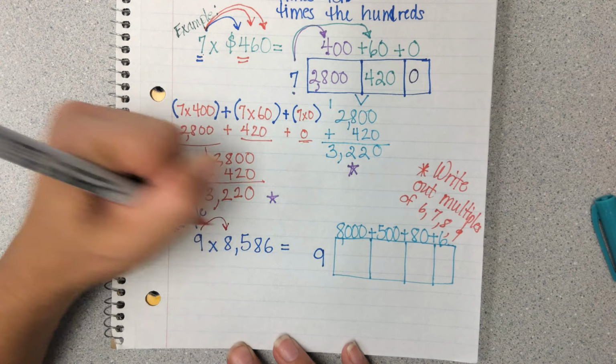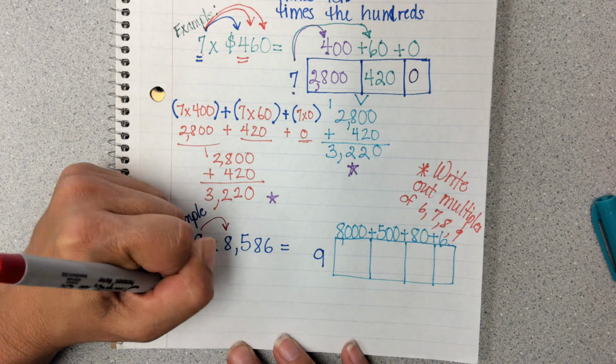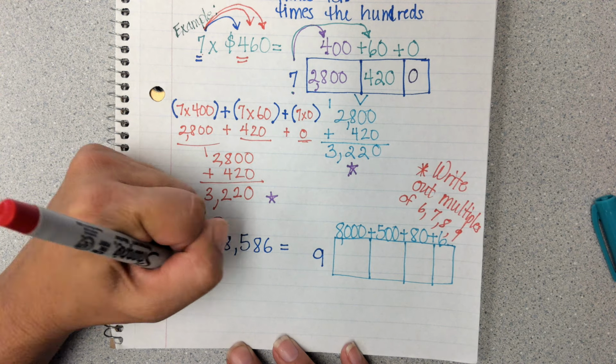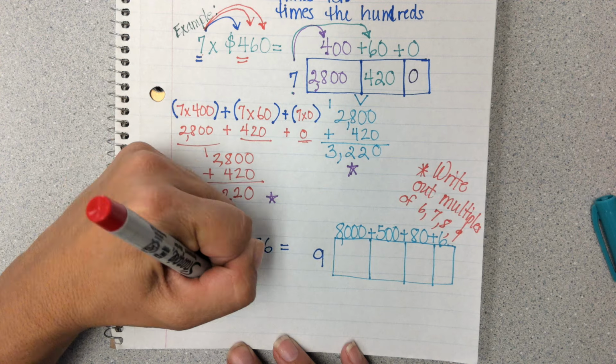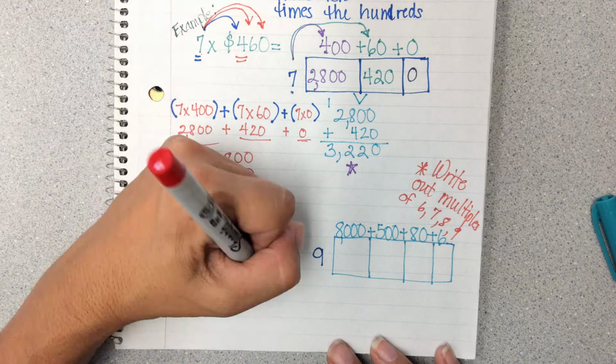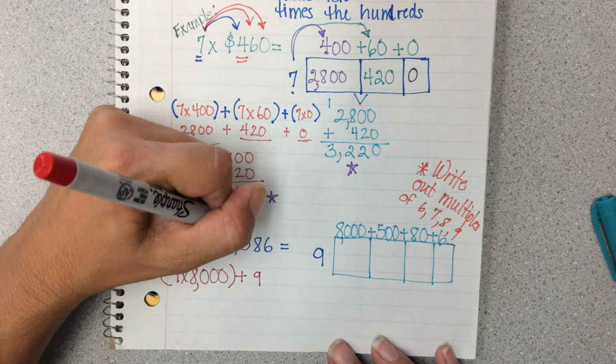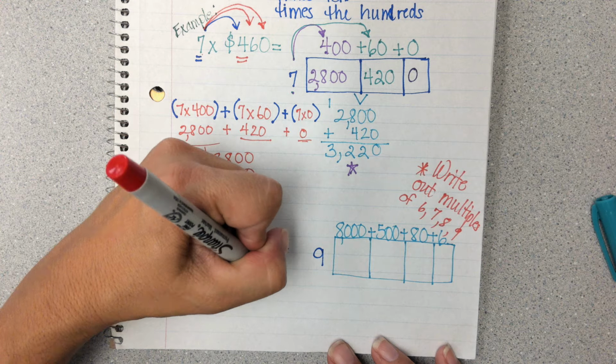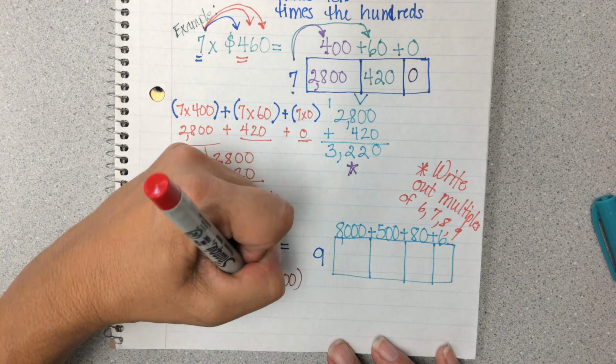9 times the thousands place is 9 times 8,000. Now I'm going to do 9 times the hundreds place. That's 9 times 500.